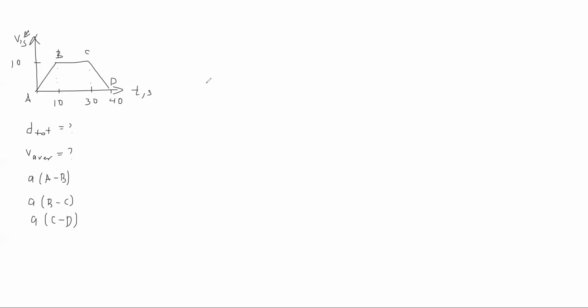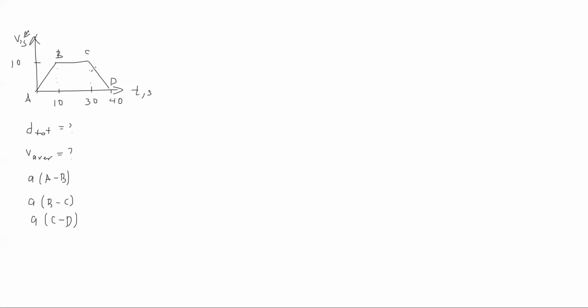Okay. Now, if you remember, we came up with the formulas for the displacement using areas, right? So all you do is just find the area under the entire thing. It doesn't matter how you do it. You can think of it as a trapezoid, which is convenient here, or you can think of it as made of triangles and rectangles. It's up to you.